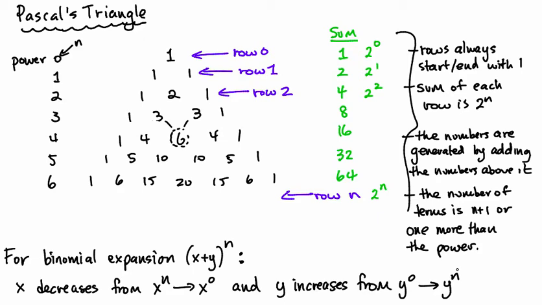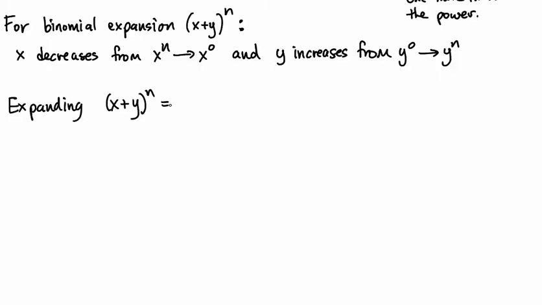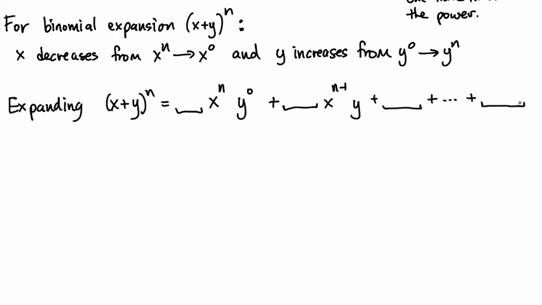So let's see if we can do that. If we expand x plus y to the n, well, there's a few parts. We need to know those coefficients, and then x will be to the n, and in the next term we'll need a coefficient, and y will be to the 0. We'll have x to the n minus 1, but y will increase by 1. And then in the next term we've got a coefficient, and that'll keep going until we get to the last term.